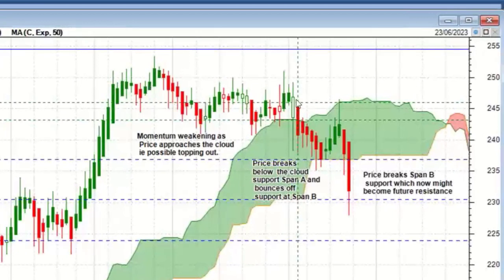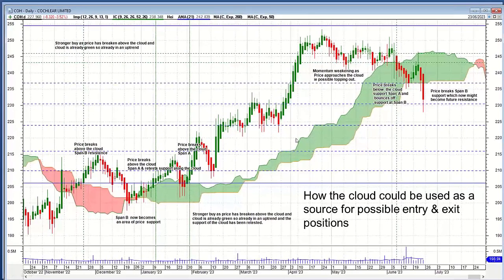We get weakening, moving towards the cloud. And as you see here, we bounce off the cloud several times. We dip into the cloud, we retest the cloud, we break the cloud. So there's multiple chances for entry and exits just by using the cloud without even having to consider the crossovers as well.